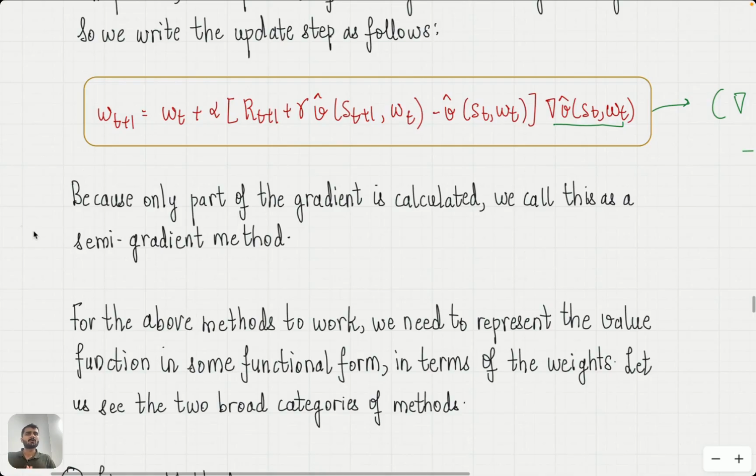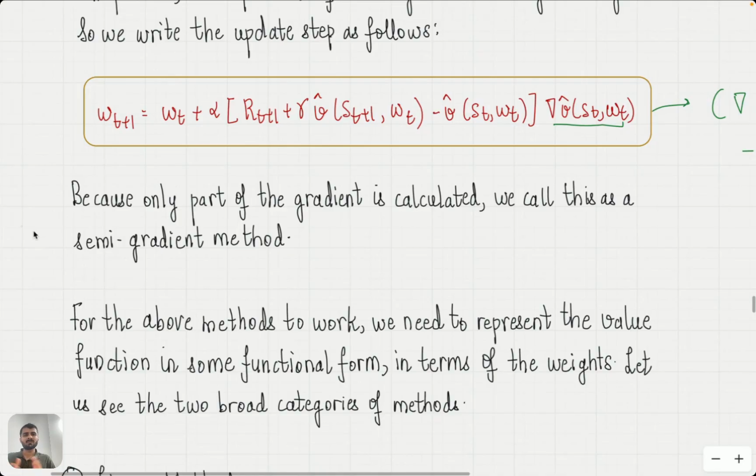Then we saw that we do not know the true value function, so what do we do with our target? We replace our target with the Monte Carlo return, and we can also replace it with the temporal difference return. In this case, we are making an approximation by neglecting the gradient of the approximate value of the next state. So we call this a semi-gradient method.